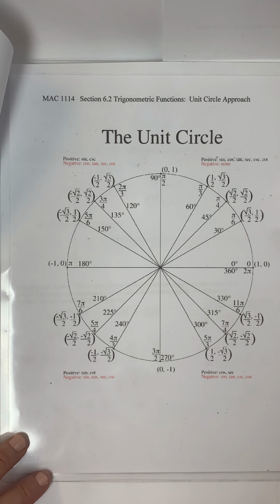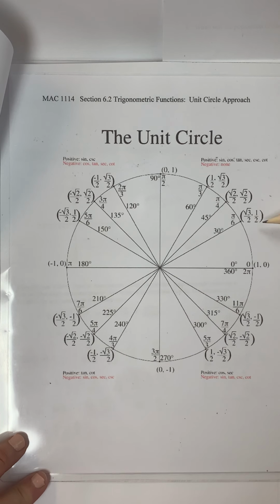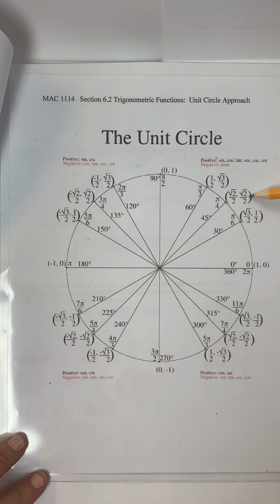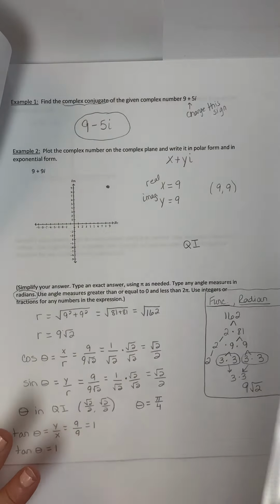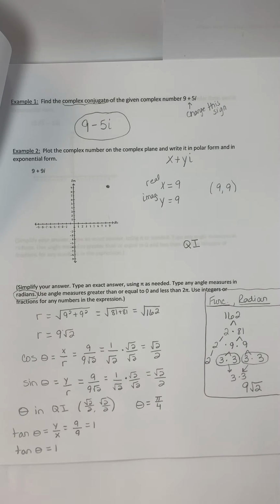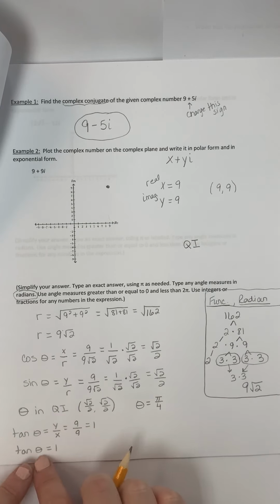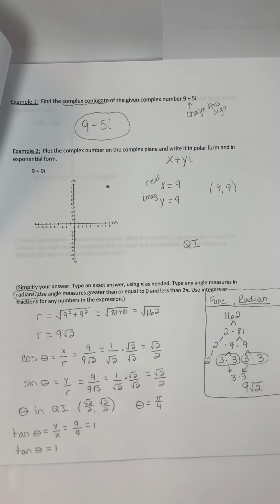So tangent is sine over cosine, or y over x. So you would have to look at these points and find the one where y over x equals 1. That's pretty easy because this is the only one that has both x and y the same, so they'll cancel down to be 1. And that's how we get pi over 4. It gets a little more complicated when we're looking at something else, but this is how the book likes to do it. And you would also come to the same conclusion that theta is pi over 4.